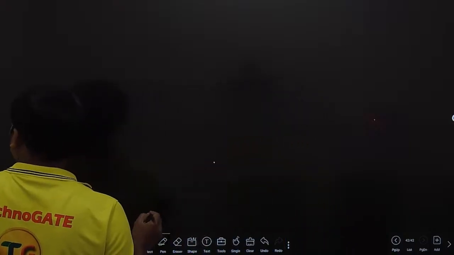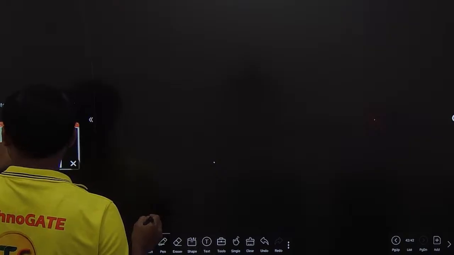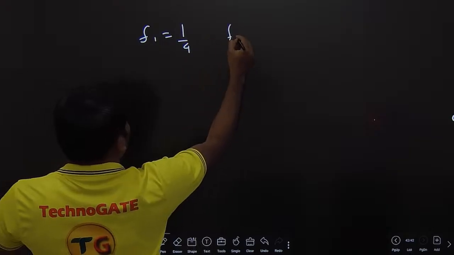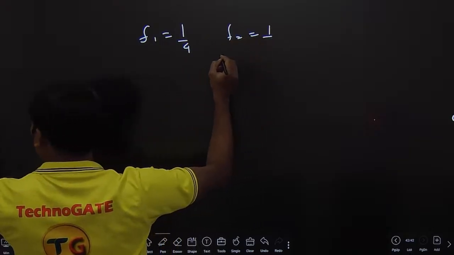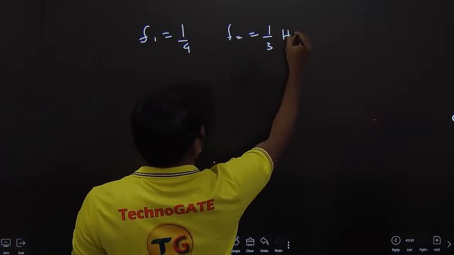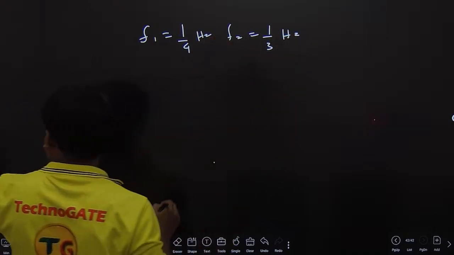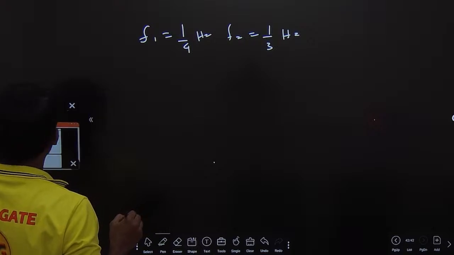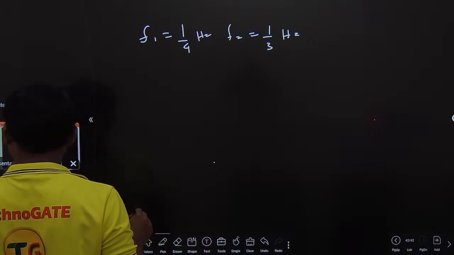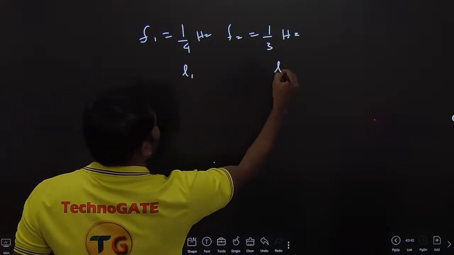So that is okay. It is given that the frequencies are 1 by 4 Hz and 1 by 3 Hz. F1 is equal to 1 by 4, F2 is equal to 1 by 3. There is L1 and there is L2. This one has L1, this one has L2.